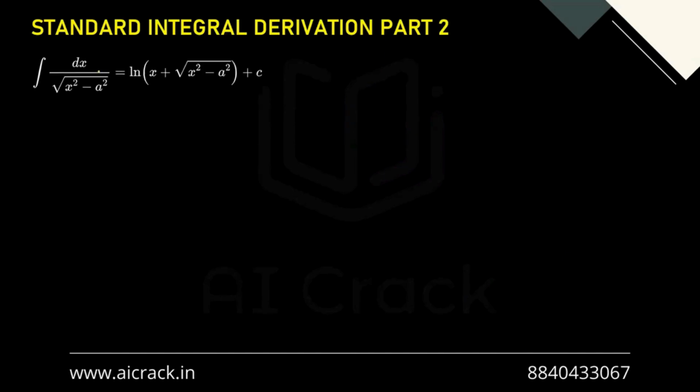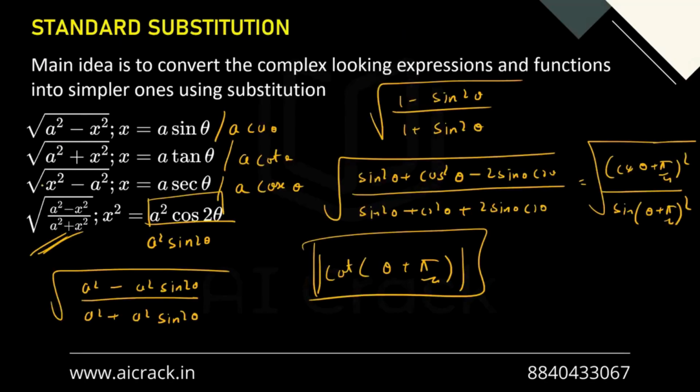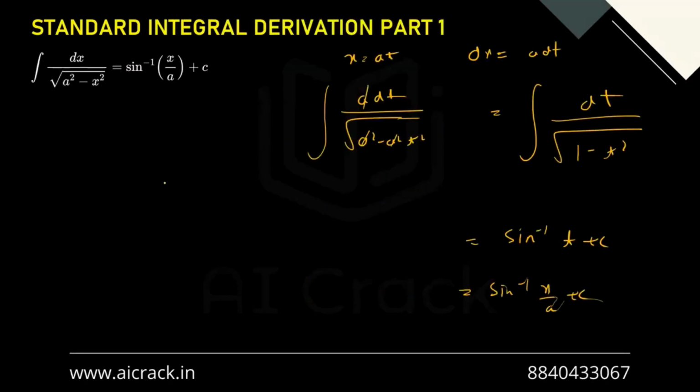Now in the second one, we have integral dx upon under root x square minus a square. And what do we get? We get ln of x plus under root x square minus a square plus c, right? And how do we do it? We do it with the help of substitution, right? So we take x equals to a sec theta, and this comes from here, this one, okay?